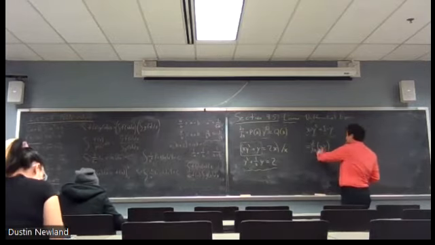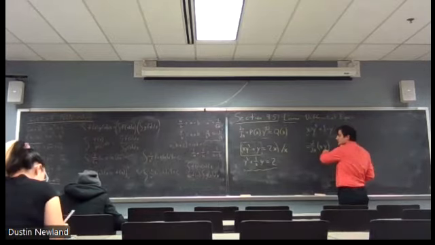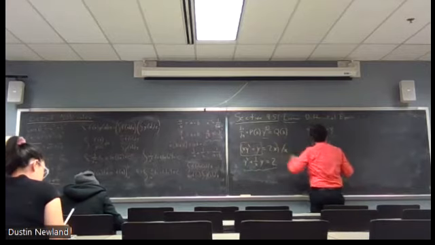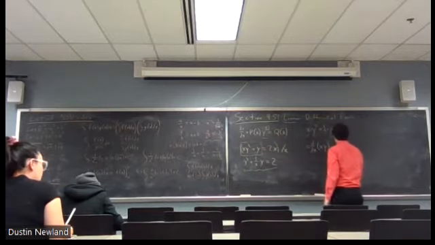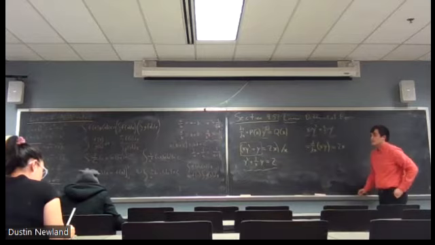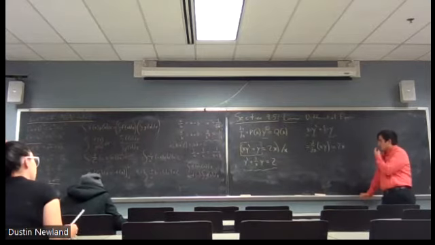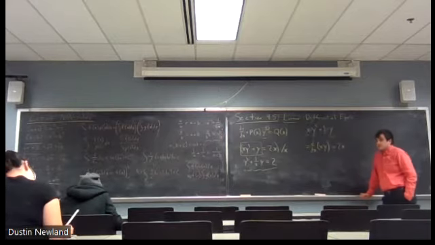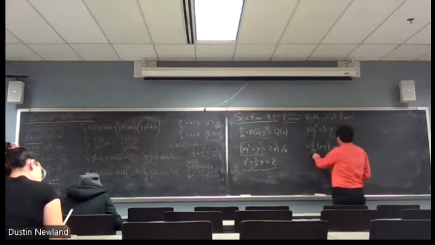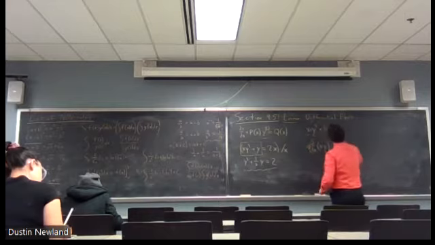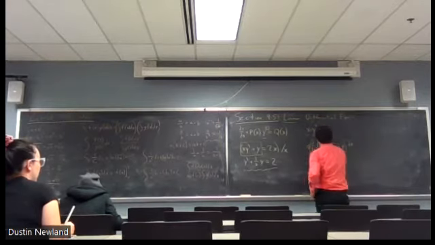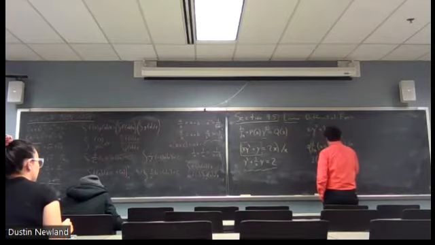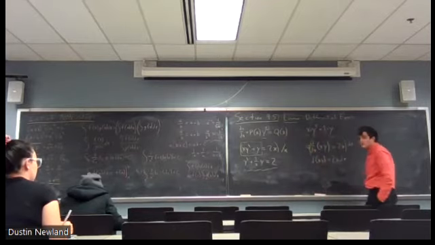So what we have right now is that the derivative of x times y, which is this thing, is equal to 2x. So we might actually be able to work with this, because now I can multiply both sides by dx, and I get the derivative of x times y equals 2x dx.